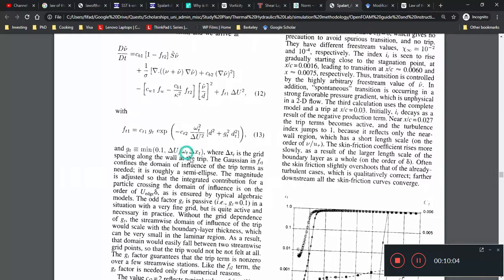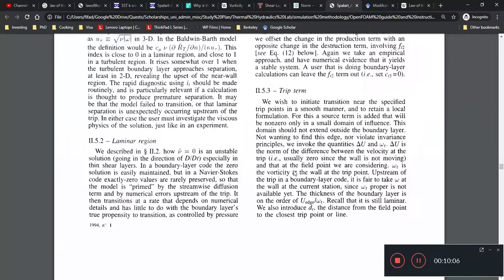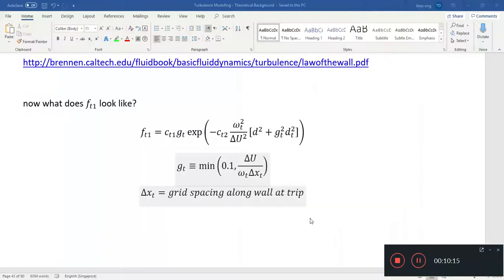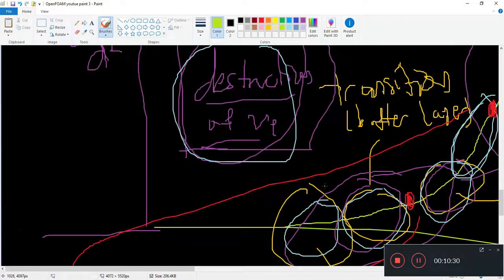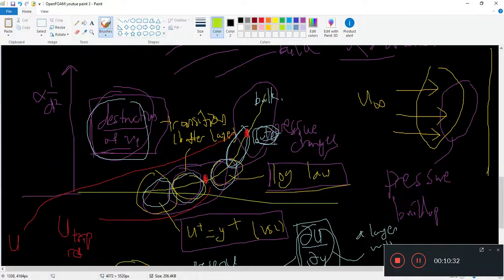Let's go into omega t next. What is omega t? Omega t is over here. Omega t is the vorticity of the wall at the trip point. So remember, we are talking about the trip point here. The trip point is, for example, over here, the reference point.